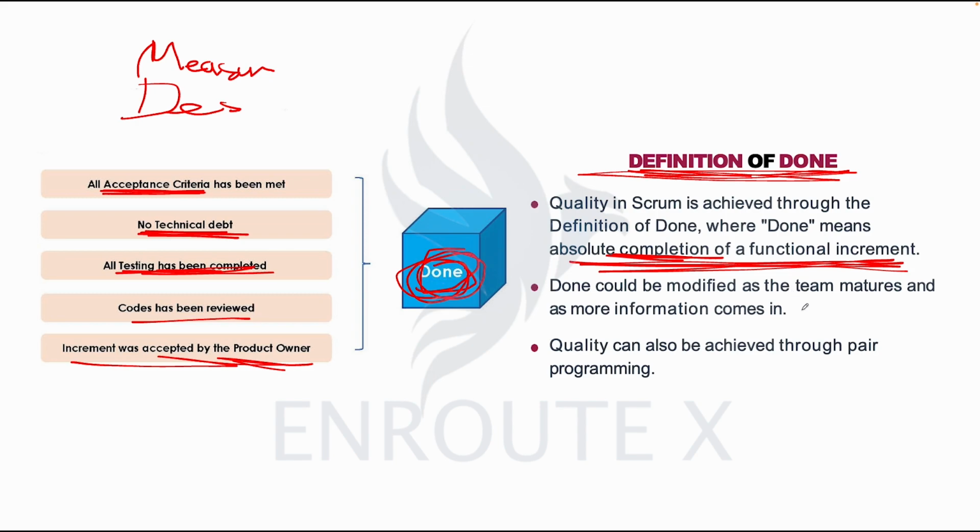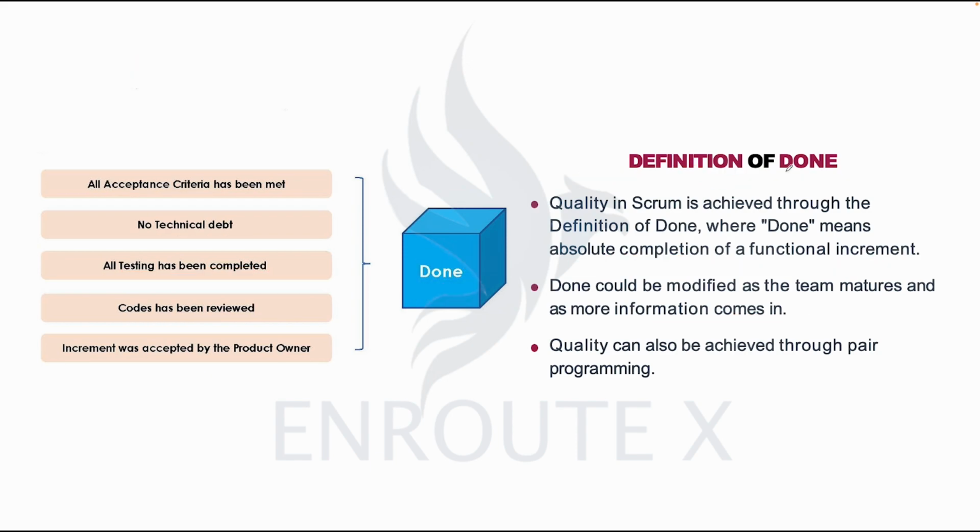So done could be modified as the team matures and more information comes in. What this means is that the definition of done for the team is also predefined. While the team is going into production, they are clearly defining their definition of done before we say any work is done. In practice, one of the elements you would also find in the definition of done is documentation.